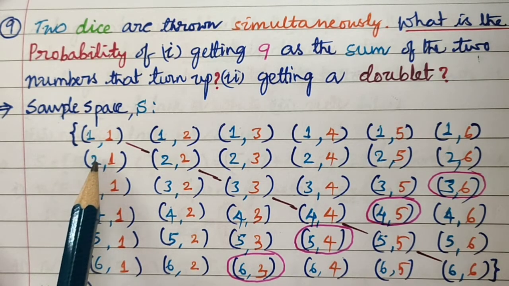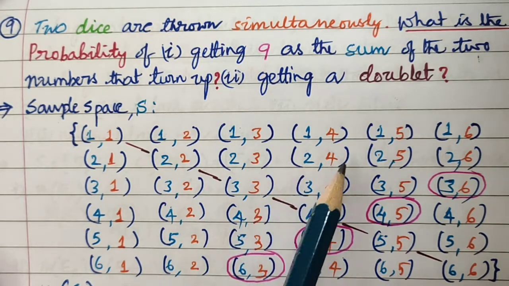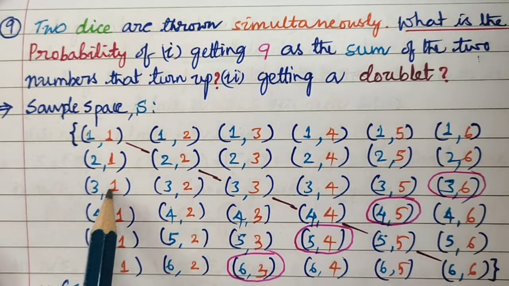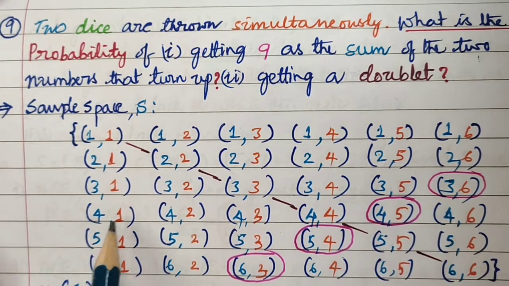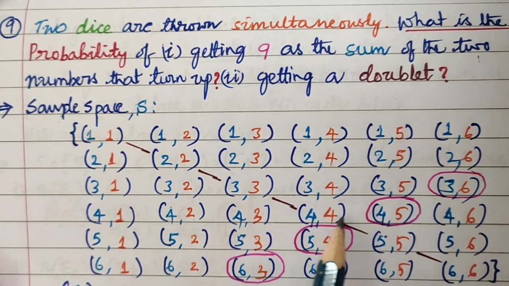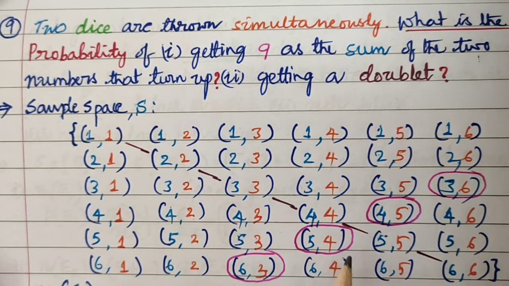First dice may be 2 1 or 2 2, 2 3, 2 4, 2 5, 2 6, 3 1, 3 2, 3 3, 3 4, 3 5, 3 6, 4 1, 4 2, 4 3, 4 4, 4 5, 4 6, 5 1, 5 2, 5 3, 5 4, 5 5, 5 6, 6 1, 6 2, 6 3, 6 4, 6 5, 6 6.